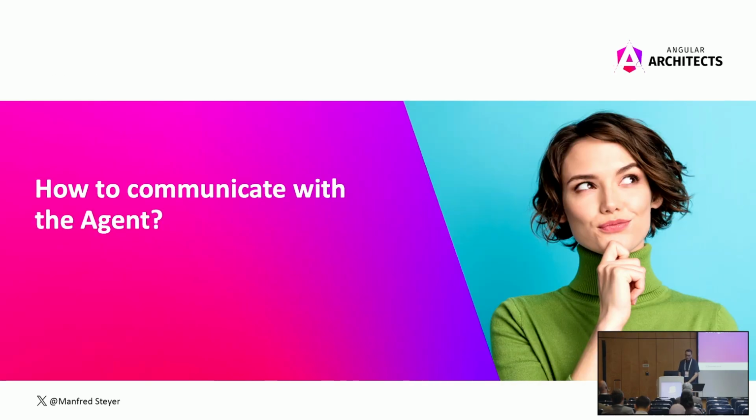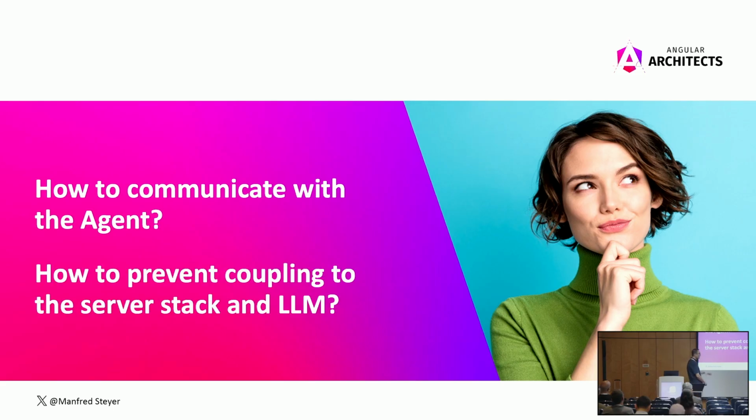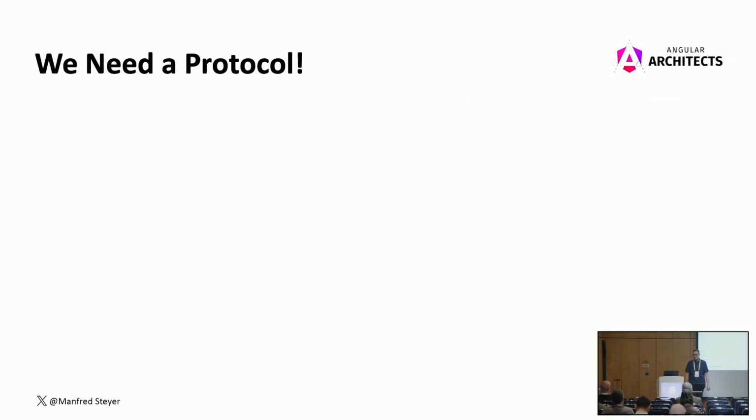Okay, cool. So let's get started with the first question. How to communicate with the agent and how to do this in a way to not couple ourselves to the framework in the backend, regardless whether they are using Spring AI, LangGraph, or something else. It should be the same for us. So, as you can imagine, for this we need another protocol that loosely couples everything on the backend.